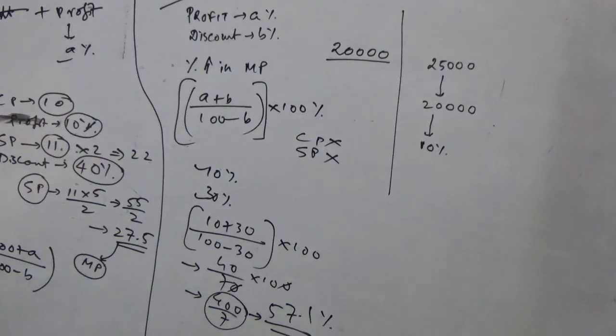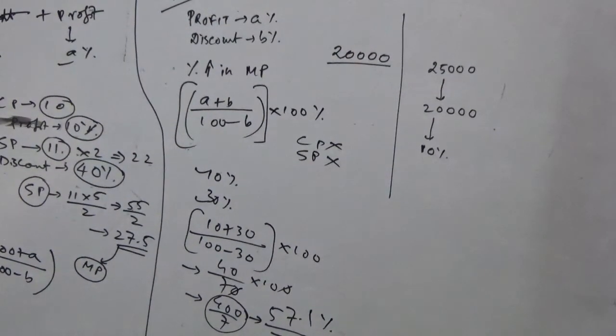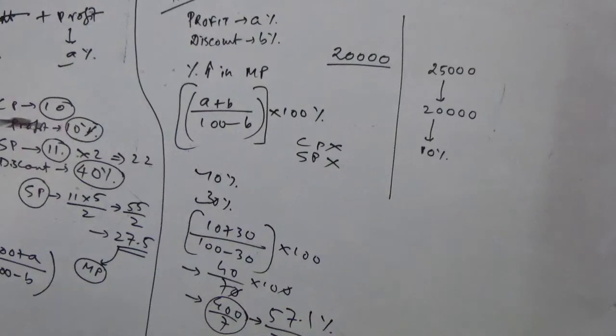Next is, now I am also giving you one shortcut formula of equivalent discount where you don't need to subtract in bigger cases. So equivalent discount, it's formula number 2.